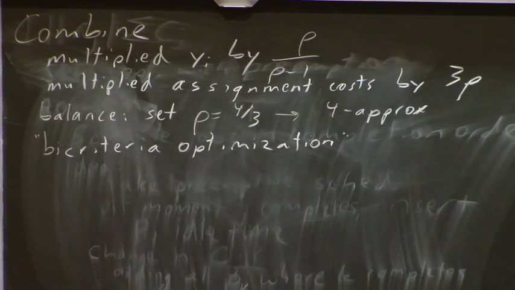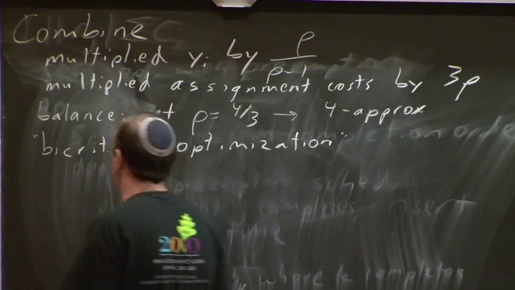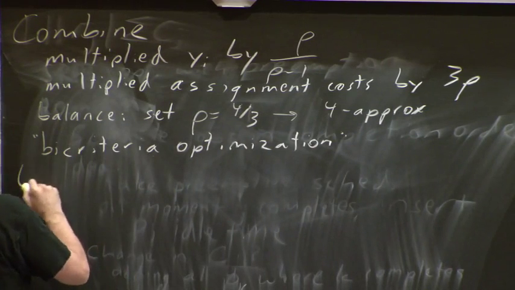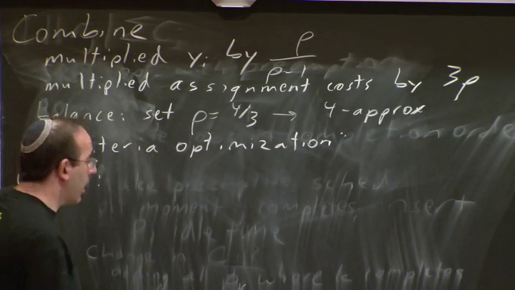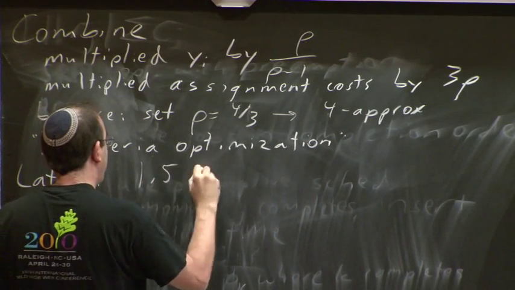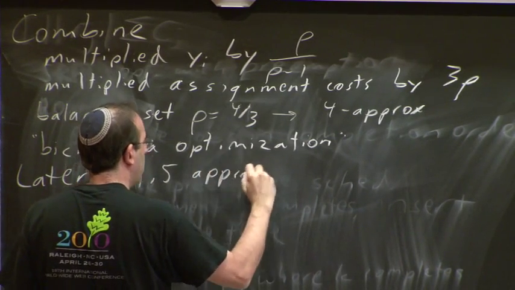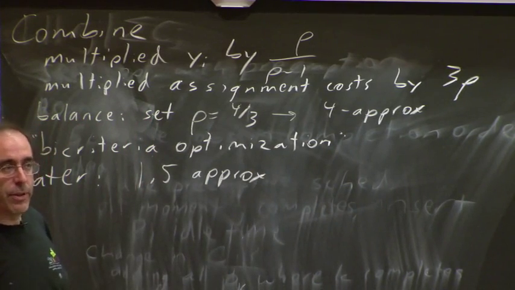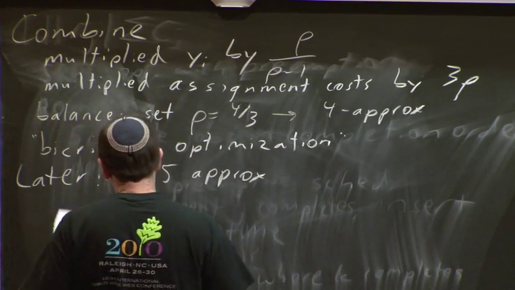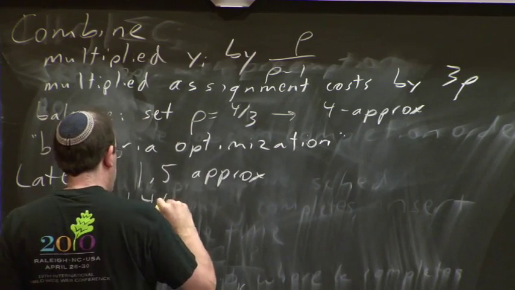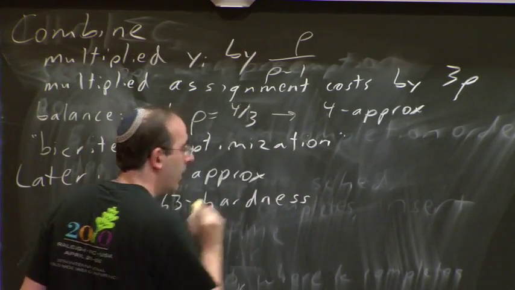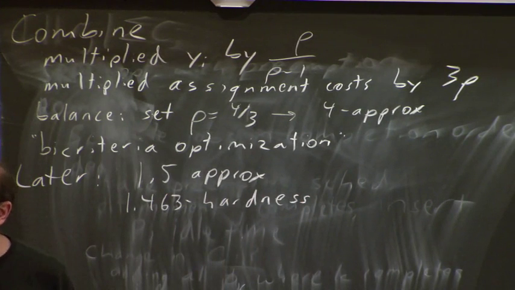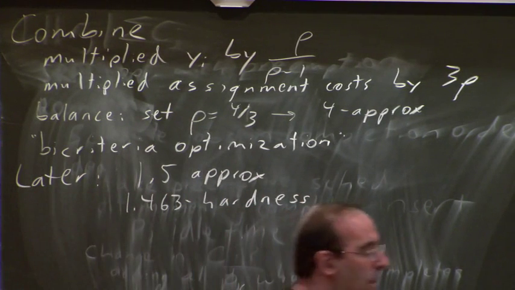Okay. There's been plenty of additional research. And I believe, if it hasn't changed since I last looked, there's a 1.5 approximation that uses more sophisticated versions of these ideas. And also, there is 1.463 hardness. So this is a case where we're actually quite confident in the quality of our approximation.